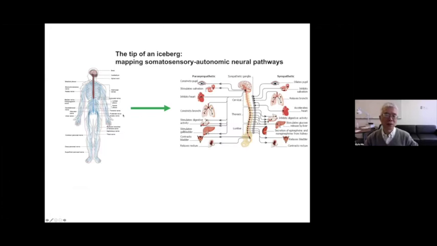So basically, in summary, what I showed is that acupuncture does have some anatomic basis. There's a crosstalk from somatosensory to autonomic. It's a very, very complex system. It's a crosstalk between two very complex neural systems. You still need brain integration.